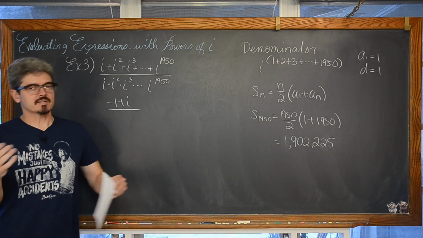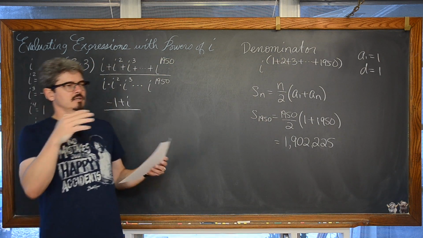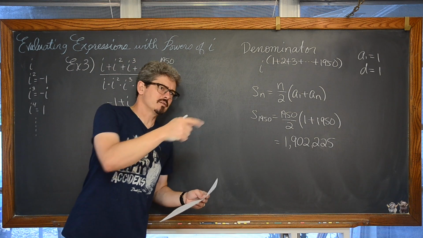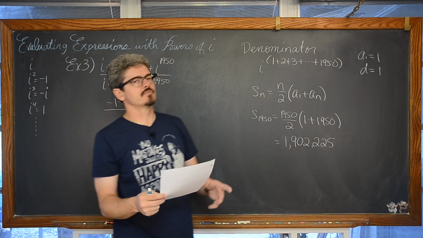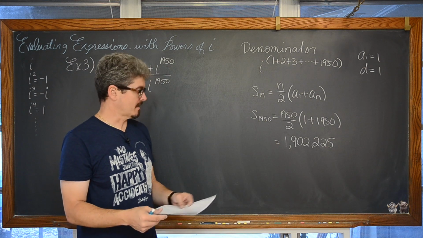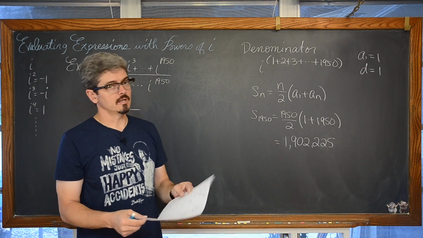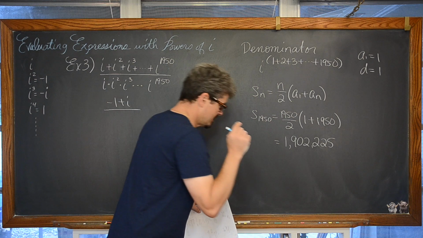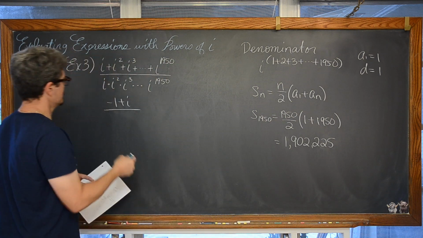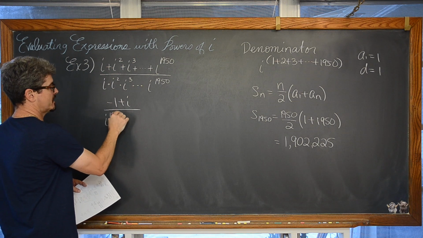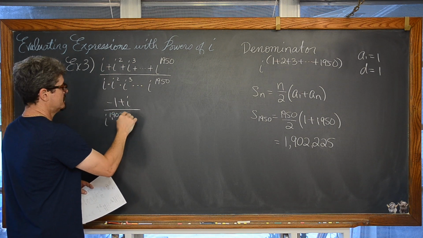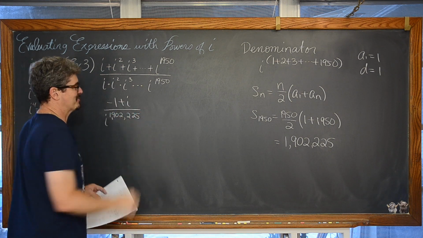So maybe we care a little bit less about whether it's negative 1 to the 487th power and all that other good stuff. We get these massive numbers, and we're going to be reliant on a calculator, so very long-hand calculations. But again, look in here that we have i to the 1,902,225th power.